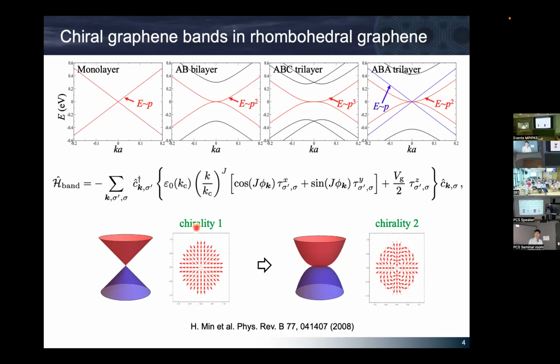So this is the low energy representation of the pseudospinor basis, and the chirality of a Dirac Hamiltonian of graphene, where the arrows wind once when we look at this closed contour, changes to winding twice as much when we move on to bilayer graphene, and so on when we go to trilayers and four-layer systems.